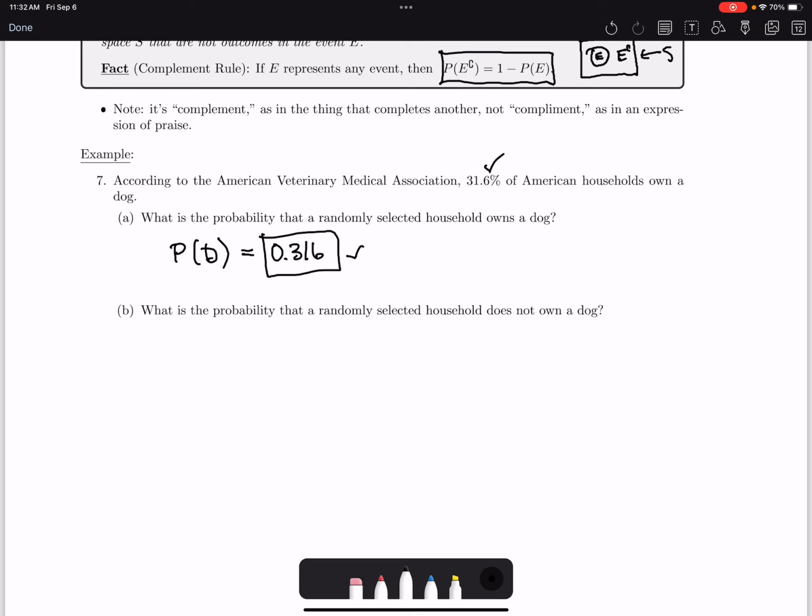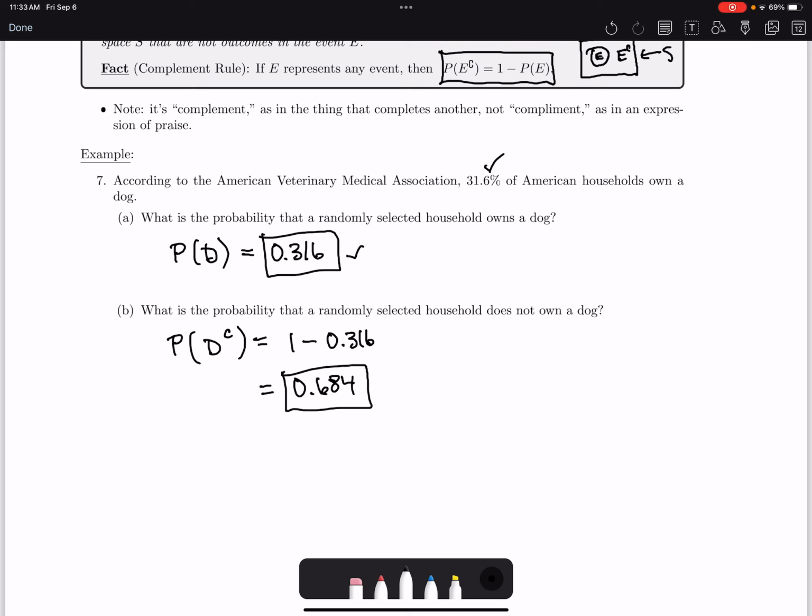Part B asks, what's the probability that a randomly selected household does not own a dog? We could call that dog complement. These are going to be all the households that don't own a dog. And that's going to be 1 minus 0.316. Oh, what is this? 0.684 maybe? Let me double check.